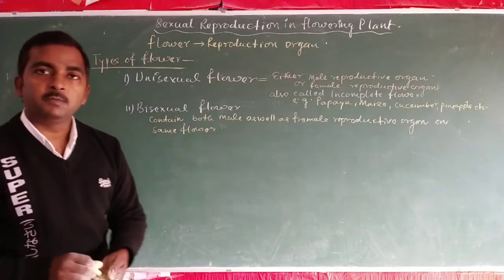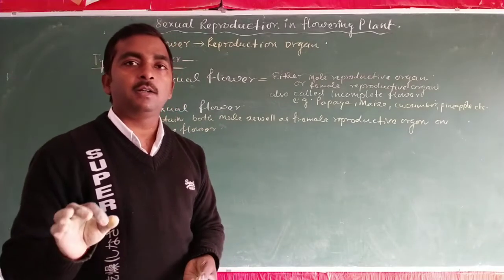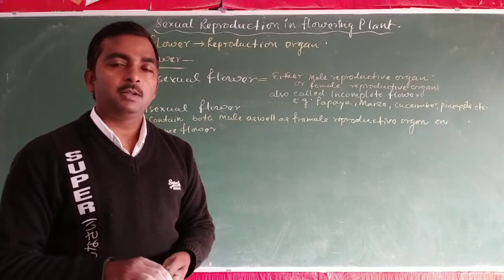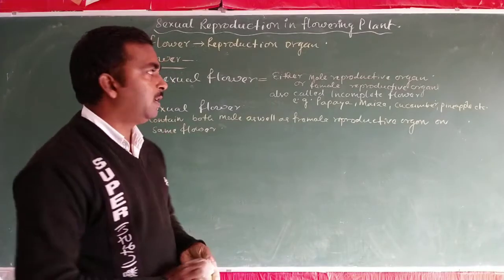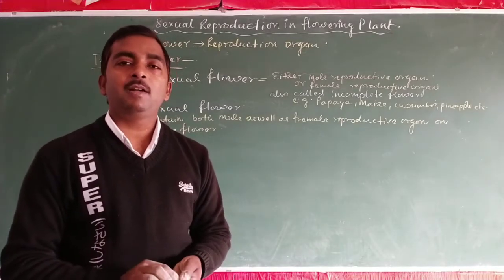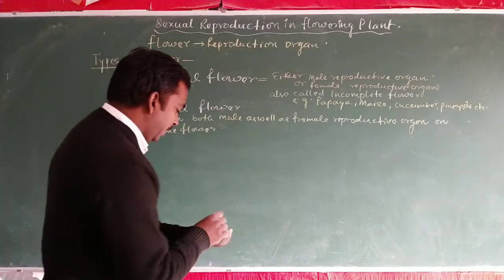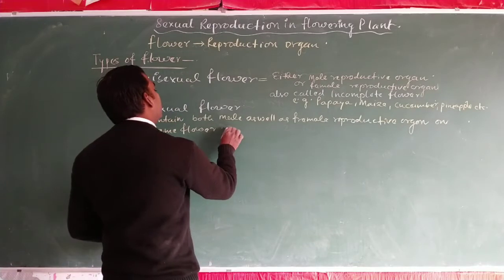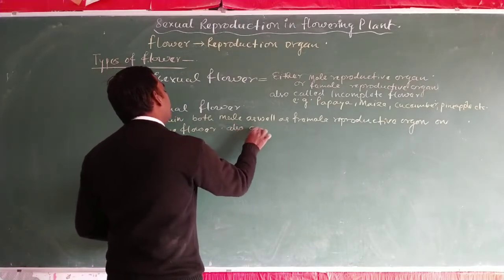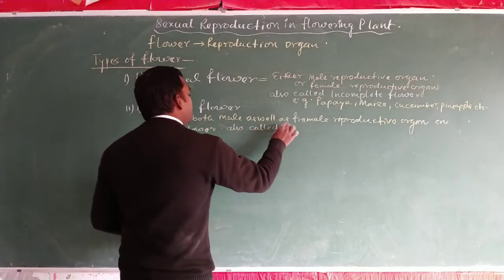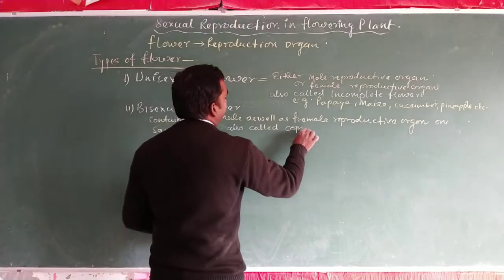It means if a single flower contains both reproductive organs, that is male as well as female reproductive organ, that kind of flower is called bisexual flower, or it can also be called complete flower.